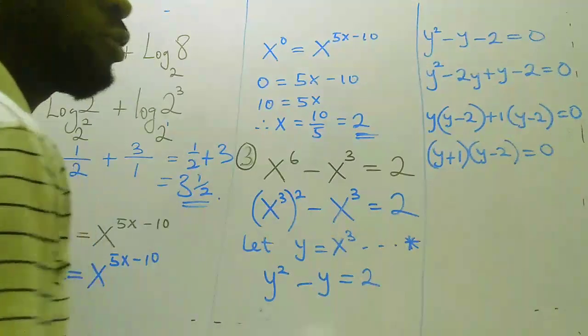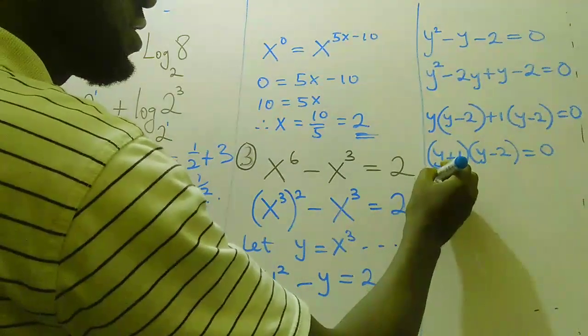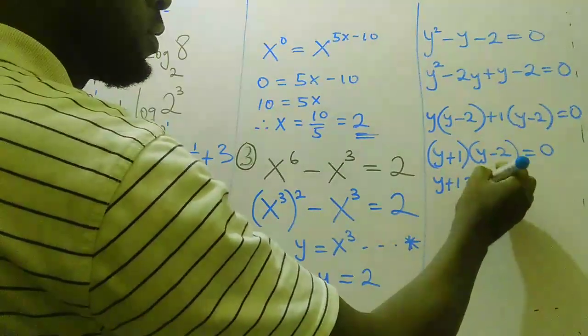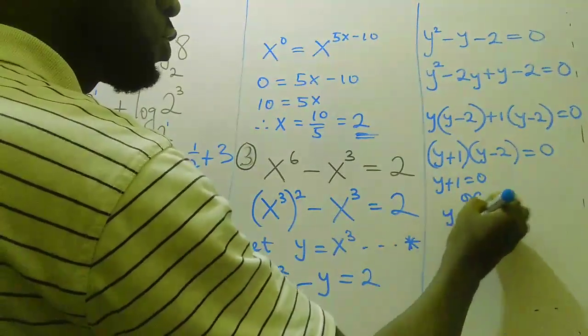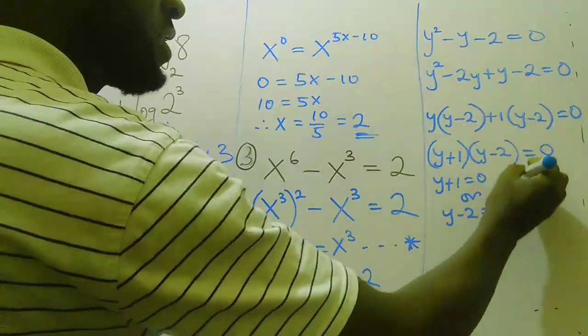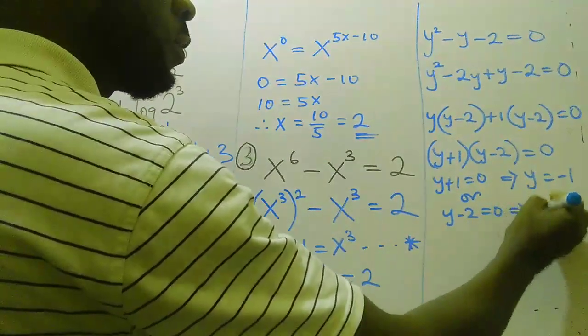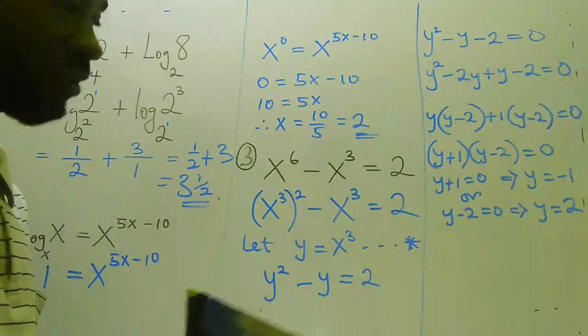I believe we all know how to factorize a quadratic equation. So this implies that my y plus 1 is equal to 0, or my y minus 2 is equal to 0. So from here, your y is equal to minus 1, or your y is equal to 2. So we have gotten the two values of y now.